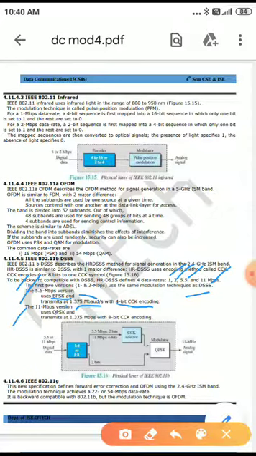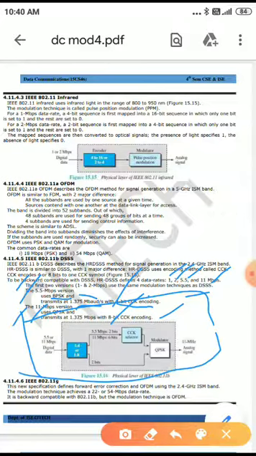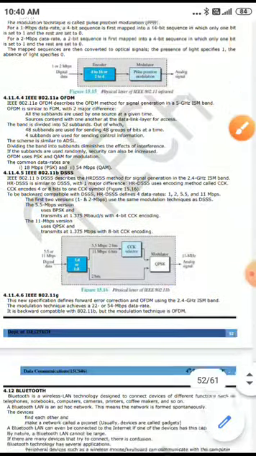The 11 Mbps version uses QPSK and transmits at a signal rate of 1.375 megabaud with 8-bit CCK encoding. Earlier we used 4-bit, and here we are using 8-bit CCK encoding. This is the physical layer of IEEE 802.11b.